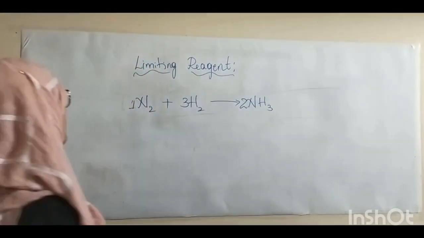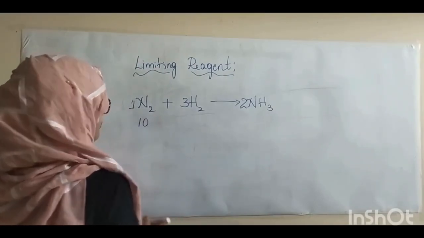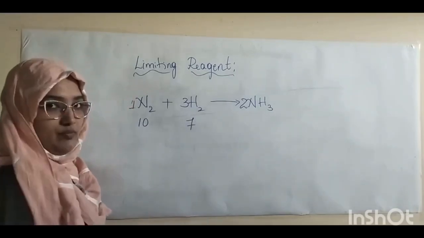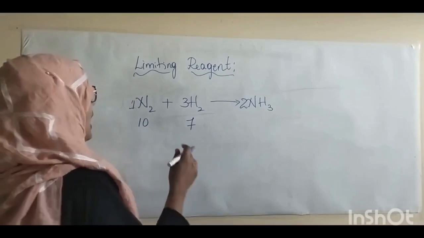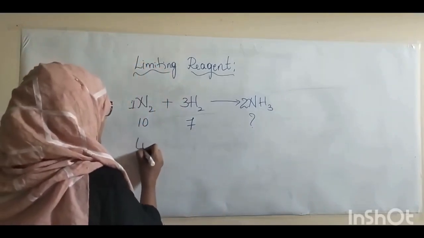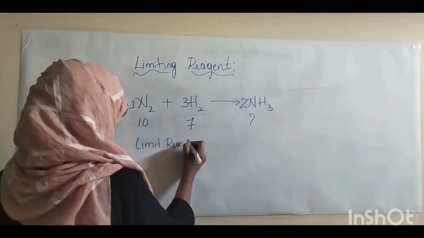Correct? Now just imagine I have 10 moles of nitrogen and 7 moles of hydrogen. How many moles of ammonia can we create and what is the limiting reagent in this reaction?